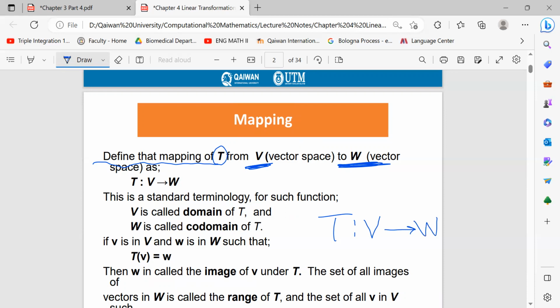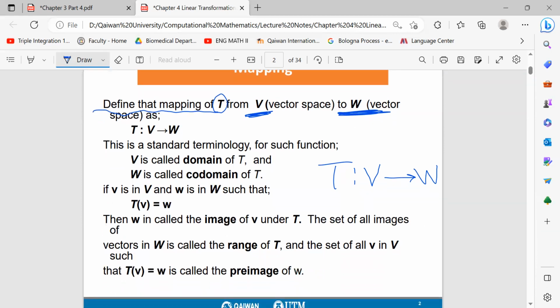Okay? We say V is called the domain, and W is called the codomain of the function. Of course, the function is T. If T is a function from V to W, V is the domain and W is the codomain.